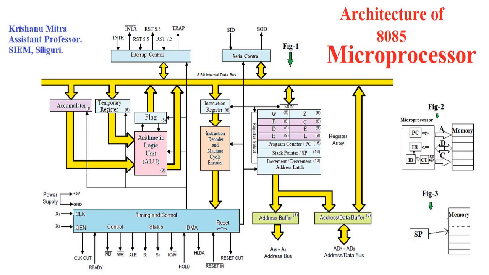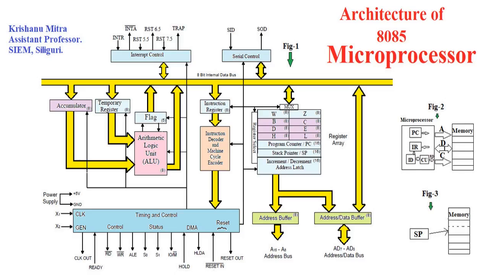Then PC will send that address location via the address bus to the memory, and then memory will send the first instruction of that program through the data bus to the instruction register. You can see the flow of the operation.